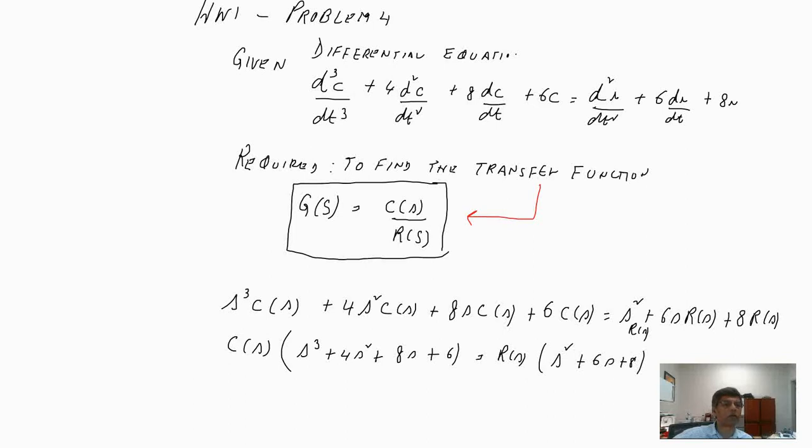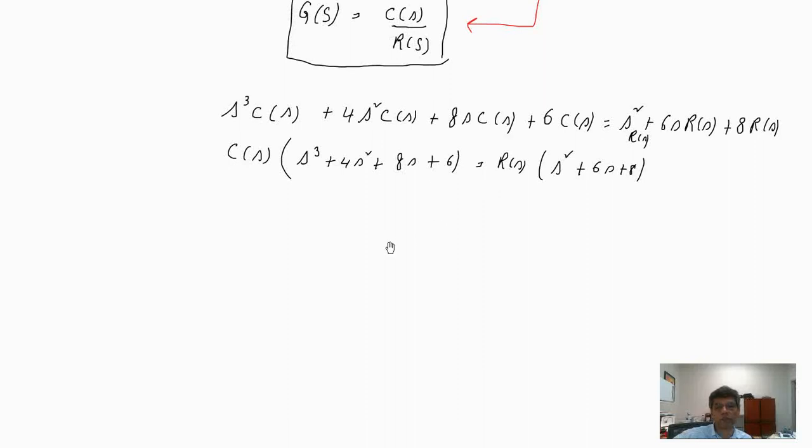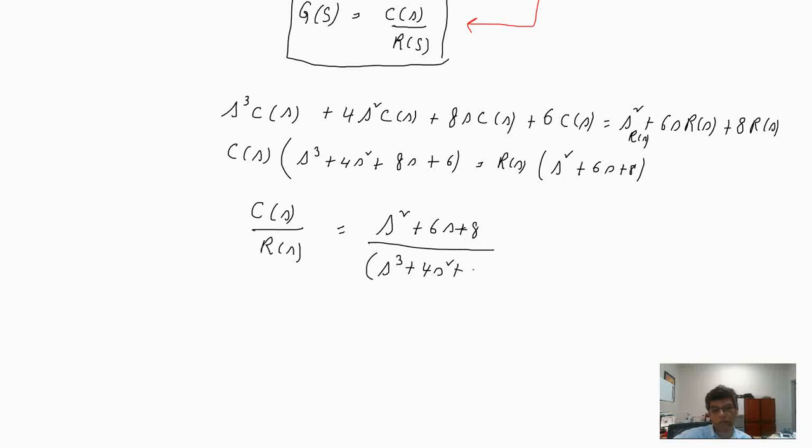Alright, this is looking good now. All we have to do is find that transfer function. You can take this down and cross multiply it. This will become C(s) over R(s), which will be equal to s squared plus 6s plus 8, the whole thing divided by s cubed plus 4s squared plus 8s plus 6.